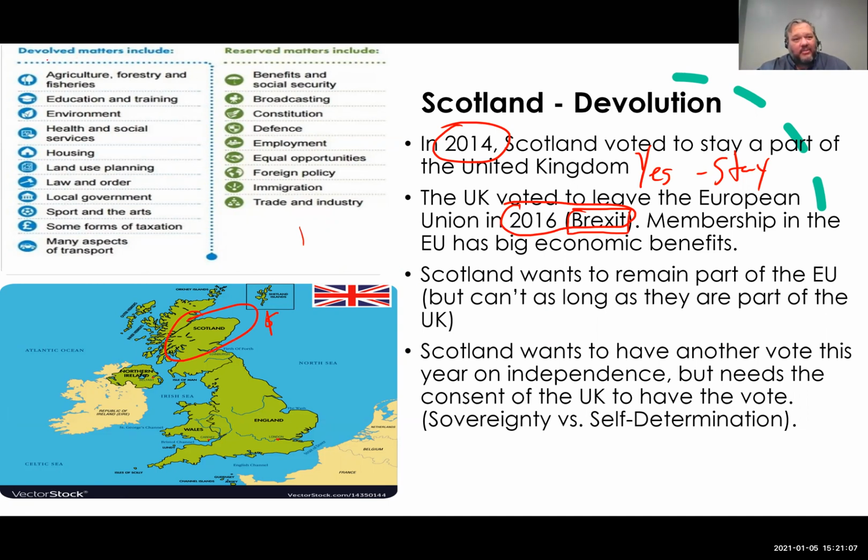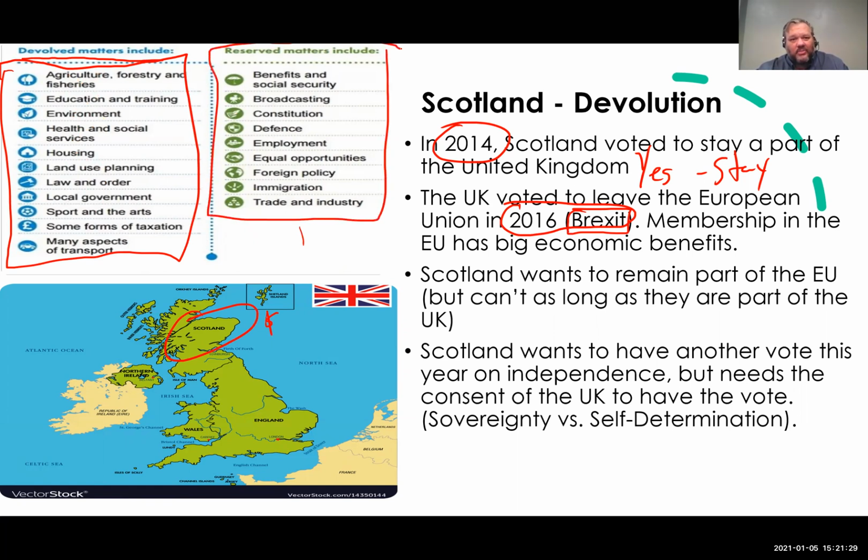But they have had devolution, and so if you look at this, devolved matters include these things that Scotland by themselves can have. They have their own autonomy with agriculture, education, environment, health and social services, housing. You can read all that, and then these are the things that they don't.